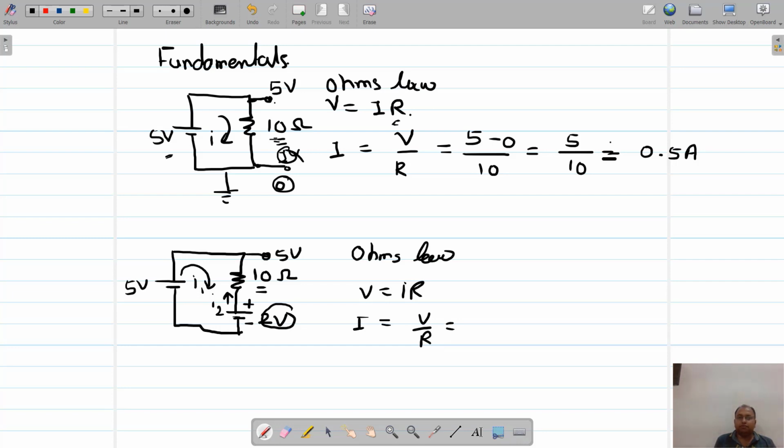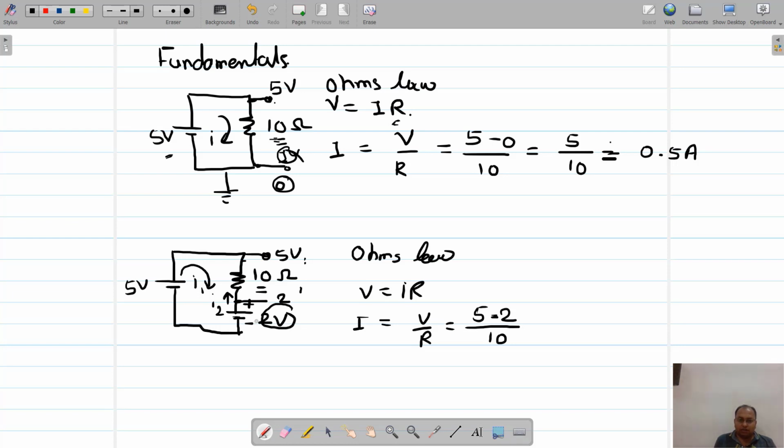It is 5 volt. And what is the voltage at this point? It is 2 volt. So we need to take the potential difference between these two. Therefore, the drop across this resistor is the difference between these two voltages, so 5 minus 2 divided by the value of the resistor.